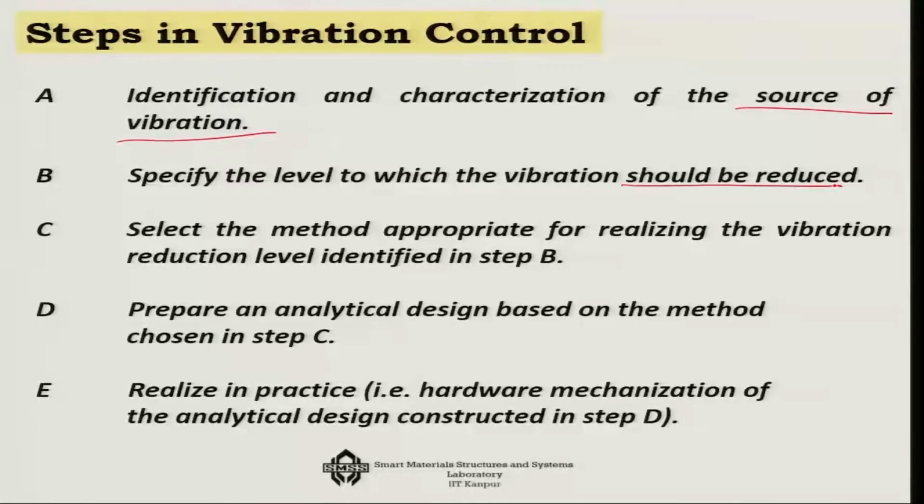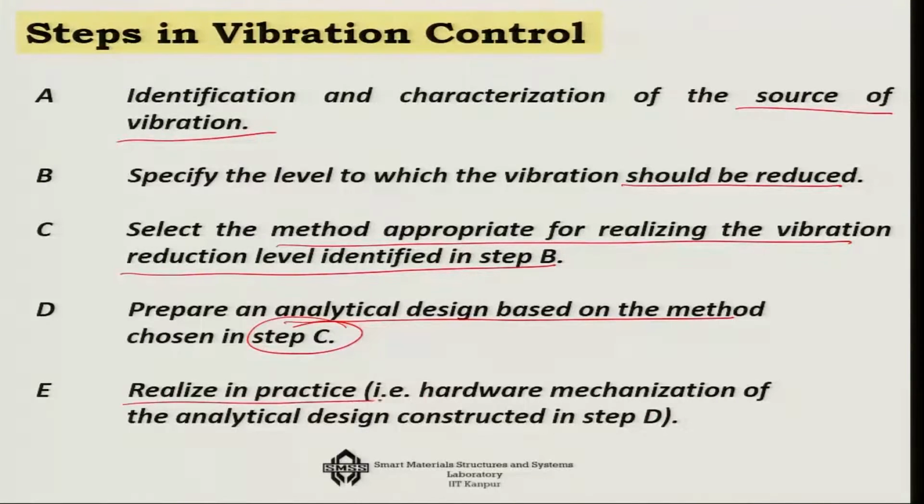Then at step C, we talk about the method that will be appropriate for realizing the vibration reduction level identified in step B. Then we prepare an analytical design based on the method chosen in step C. And finally, we have to realize this in practice. That is the last step in vibration control. So, these are the overall steps that we have to take in terms of vibration control.